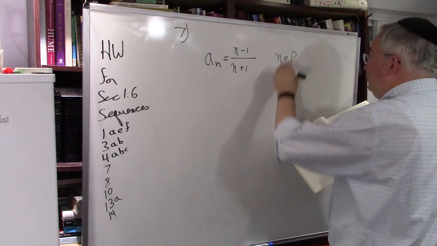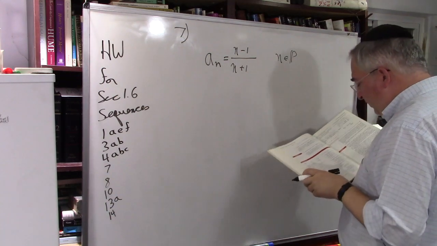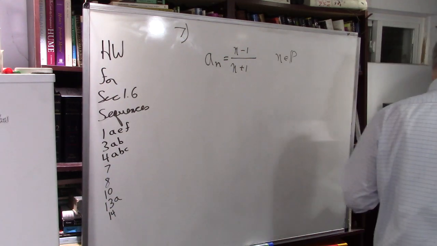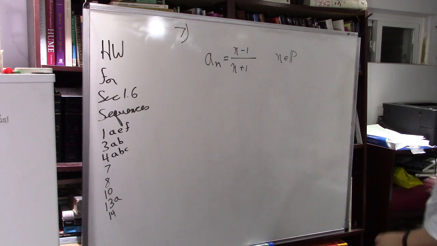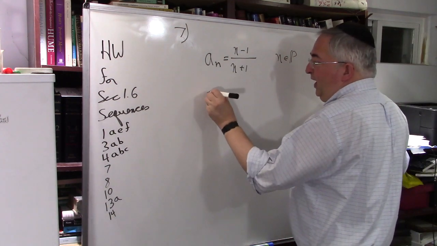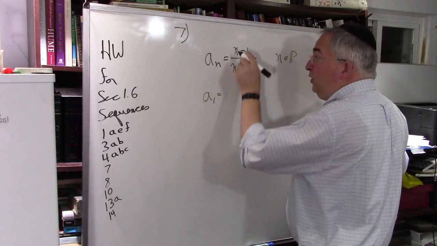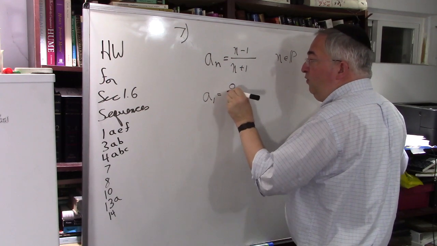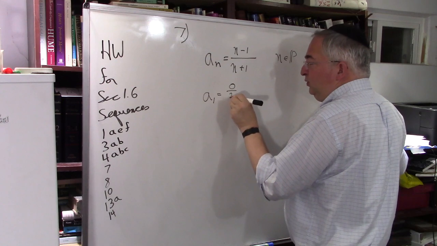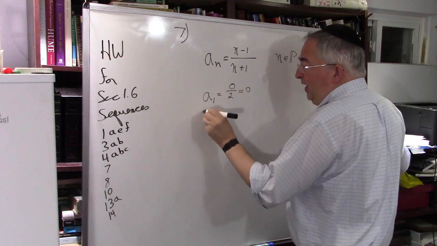So we start at 1. List the first six terms of this sequence. Okay, so let's do it. So a of 1 is equal to 1 minus 1 is 0 over 1 plus 1 is 2. So that's equal to 0.